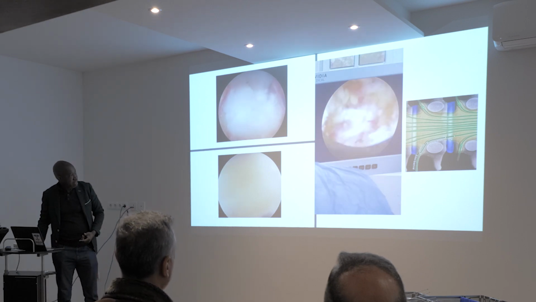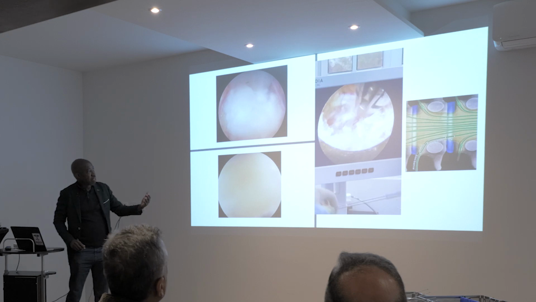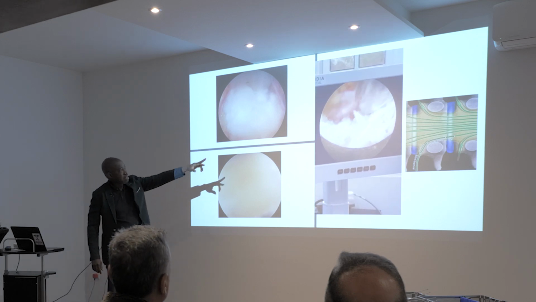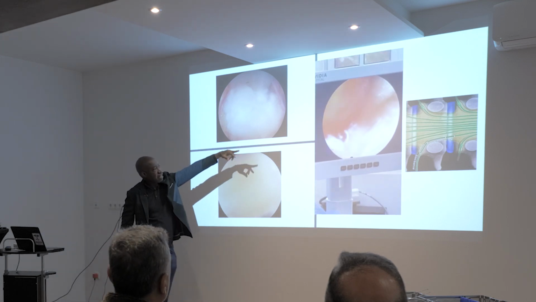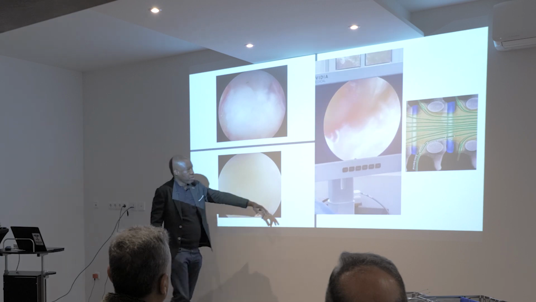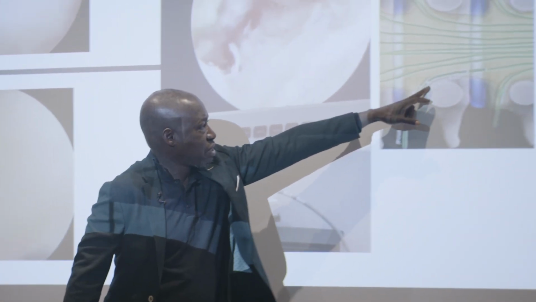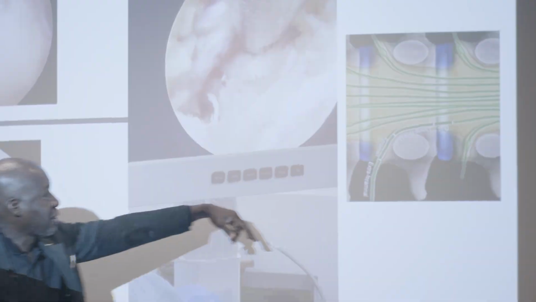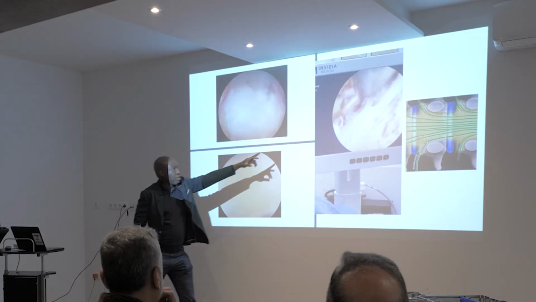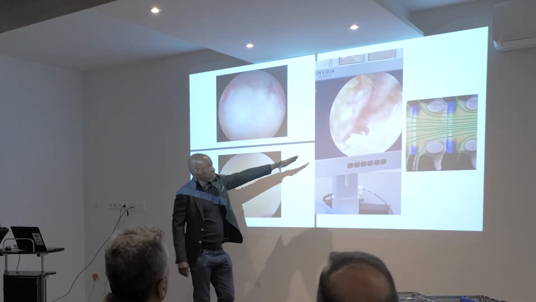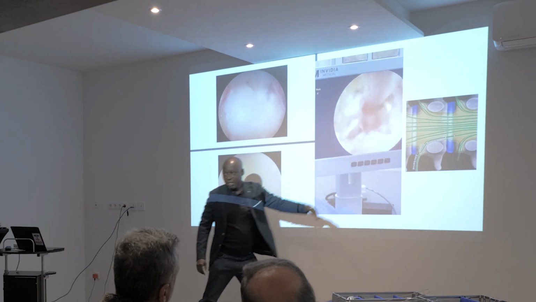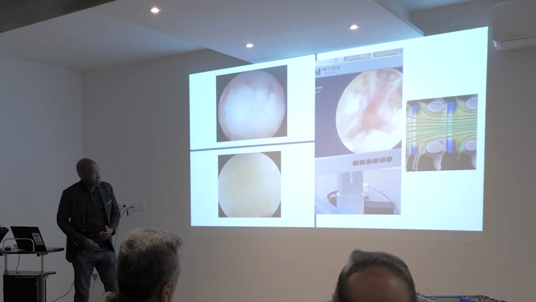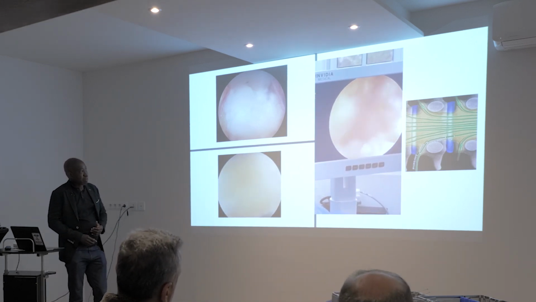Here we can see the nerve root and the dura. The disc is around this area at the lateral recess and is getting mobilized, and the lateral margin is getting mobilized, and now we are going to remove it.